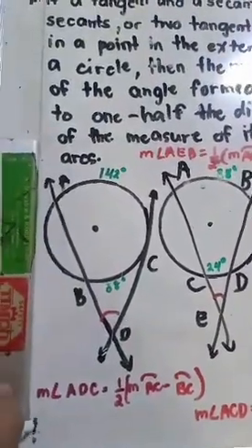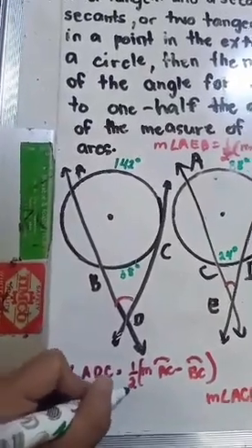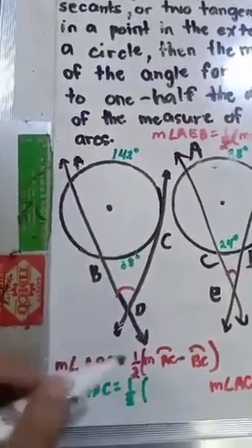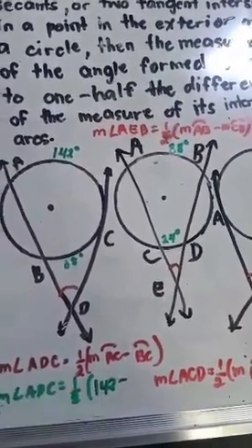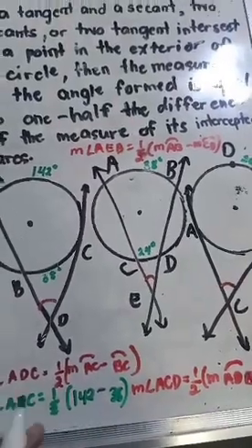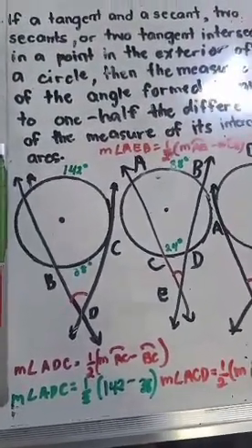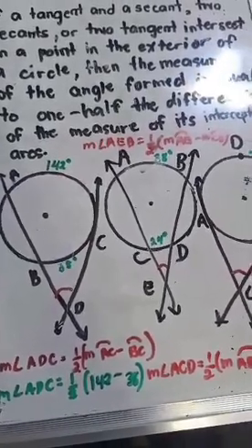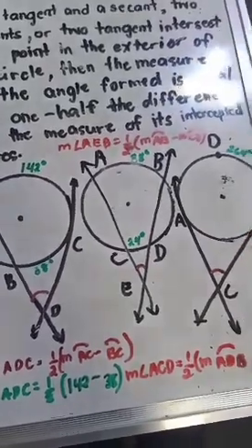Then, the measure of angle ACD is half. So, we subtract: 142 minus 38, then divide by 2. 142 minus 38 is 104.